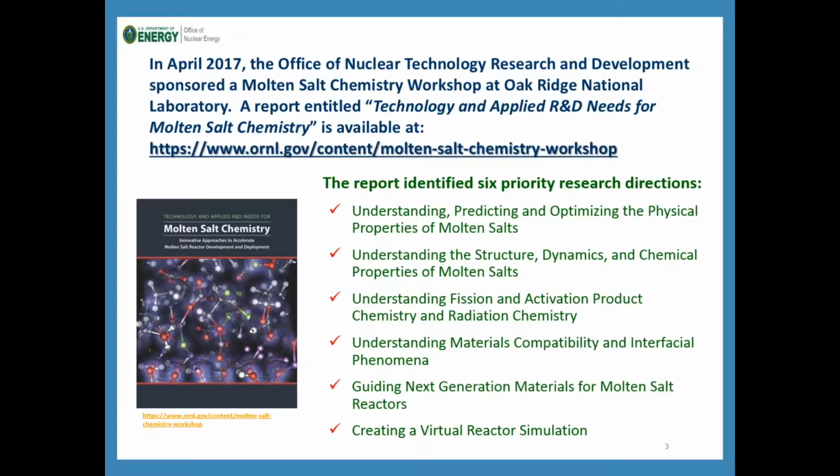The fourth one is understanding material compatibility and interfacial phenomena. The fifth one is guiding next generation materials for molten salt reactors. And the last one is generating a virtual reactor simulation. Our solicitation is mostly based on this report, especially on the top 4 priority research areas. We'll go back to that point later on.